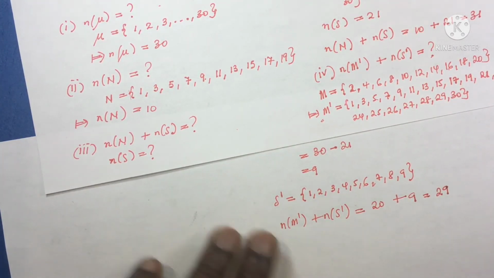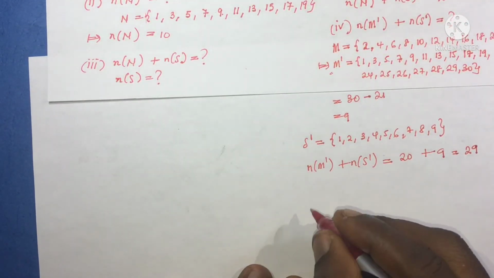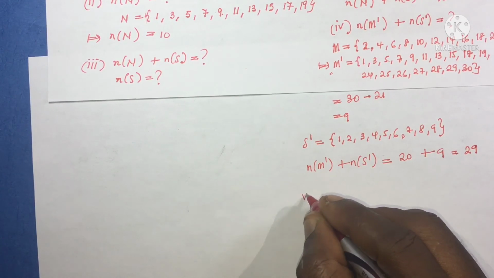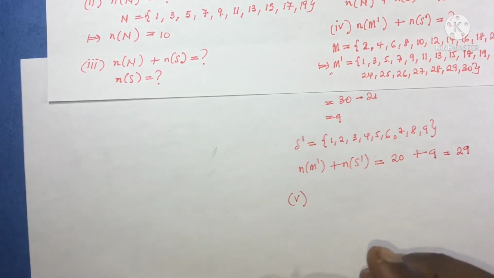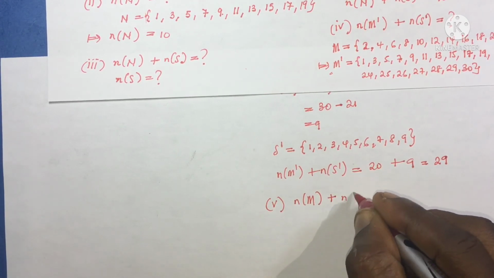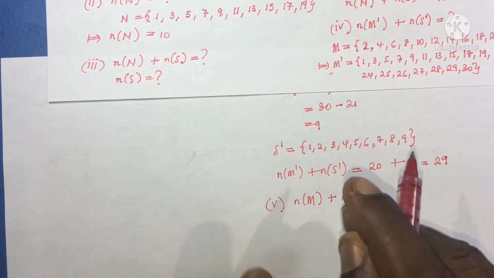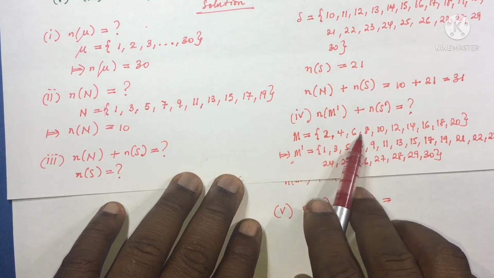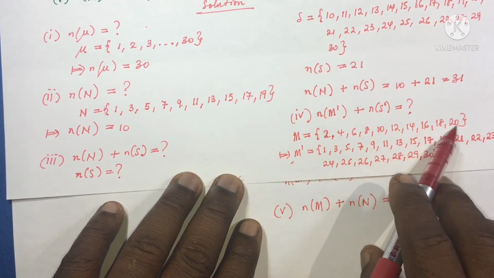Then finally, to wrap up our solver series video part 1 on set theory, let's look at question number 5. So question number 5 requires that we find n(M) plus n(N). So that is simple. We've already obtained n(M) to be 10.